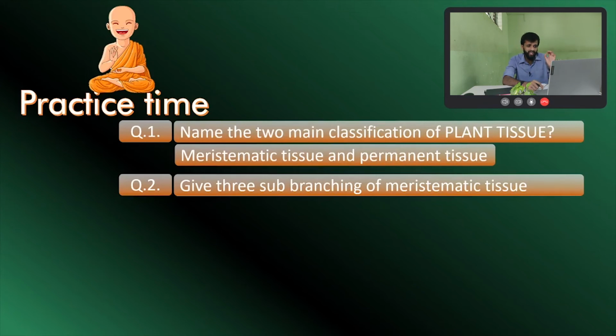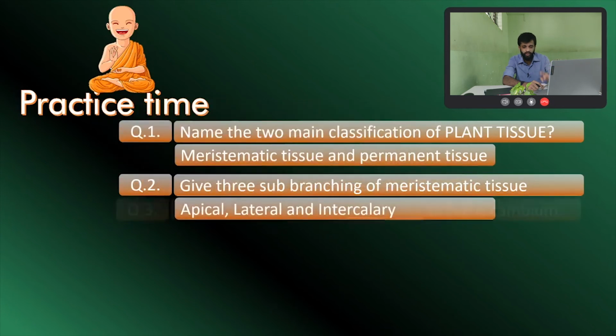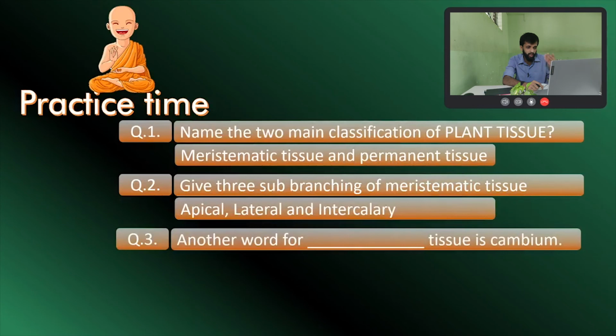Next one, give three sub-branches of meristematic tissue. The three that we have studied just a while back. So these are the three subcategories, okay? Another word for dash tissue is cambium. Okay, I hope you know.